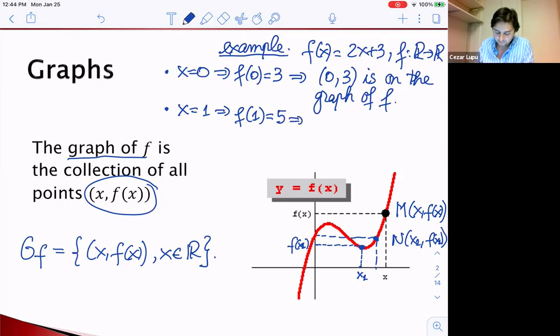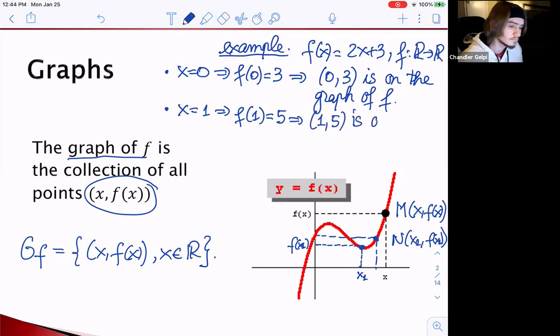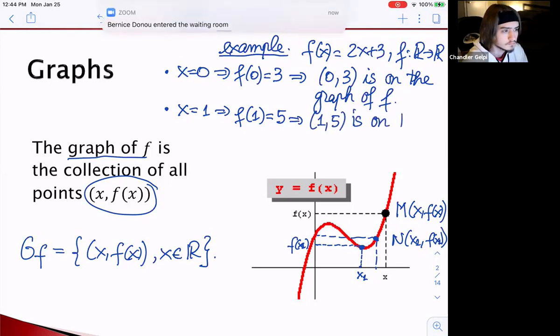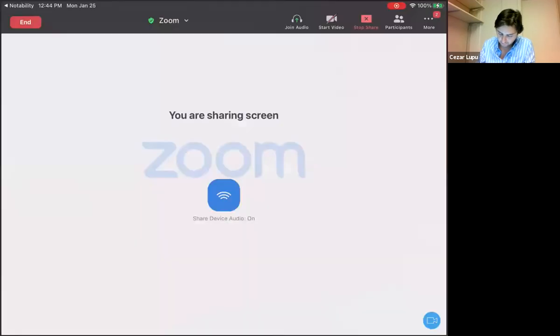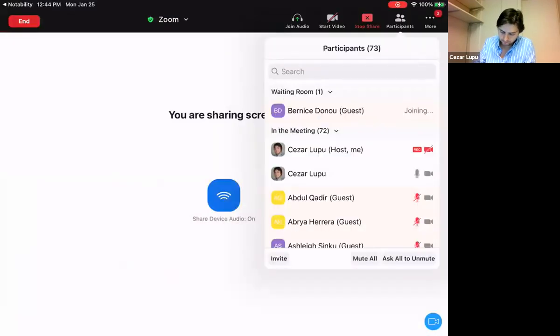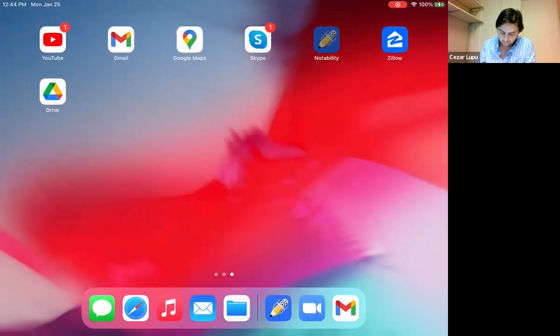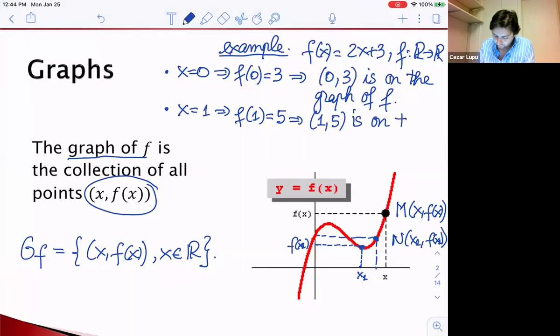So the point of coordinates 1, 5 is again on the graph of f. Right? All right, and now you can keep going.